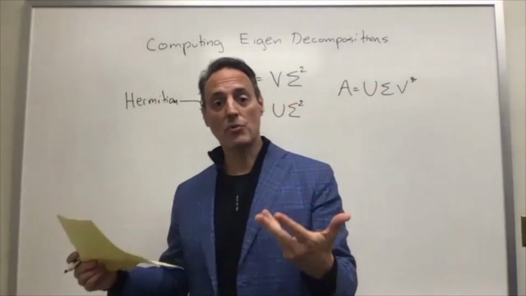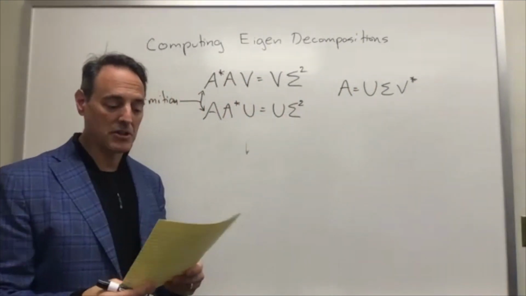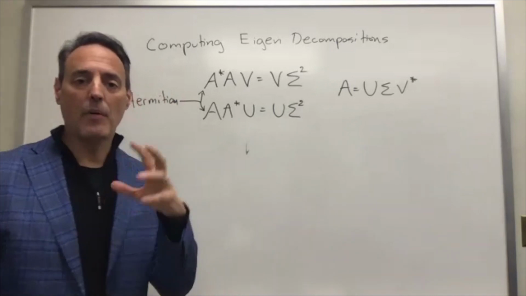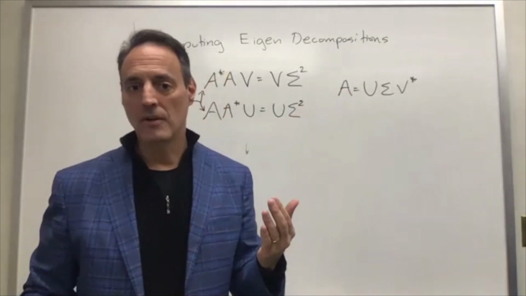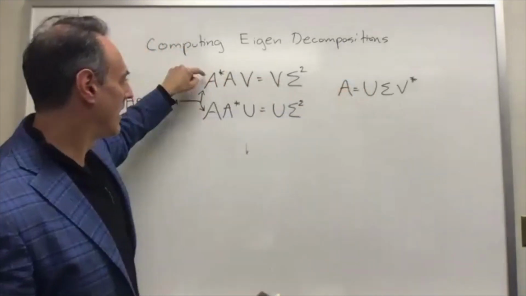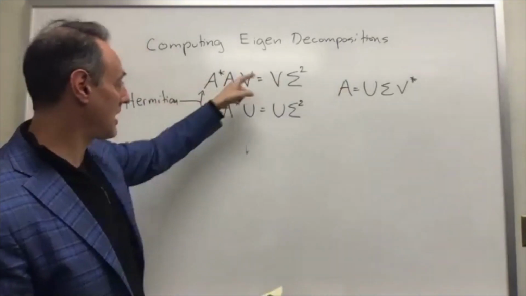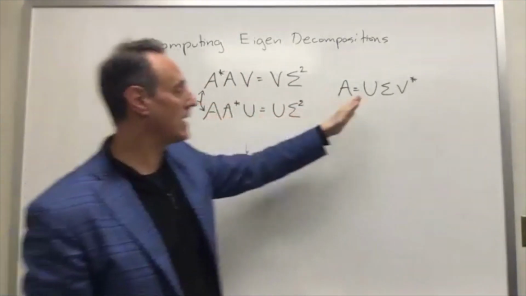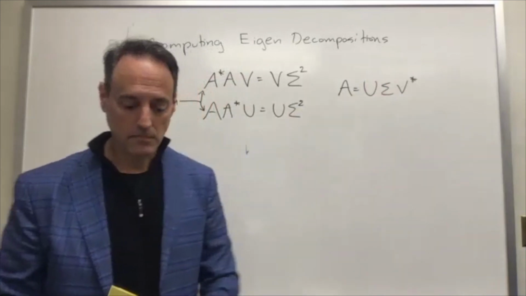Because there's all these really nice properties around these matrices. And so this allows us the ability to say, if I want to compute the SVD of any matrix A, which is not Hermitian, I write these products which are Hermitian, which then, because of these properties, allow me to come back and give you U, V, sigma. Okay?